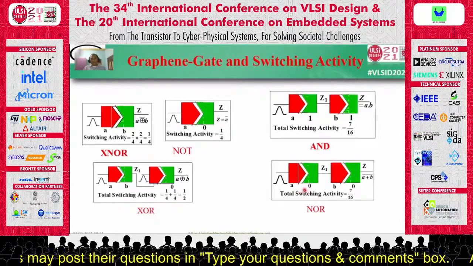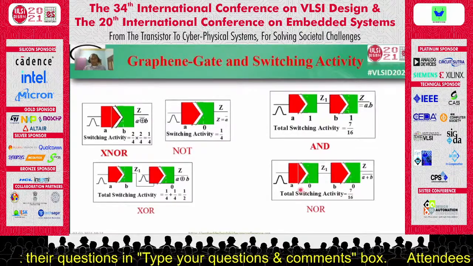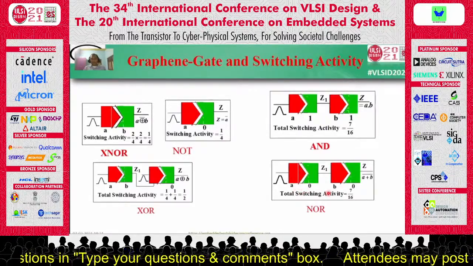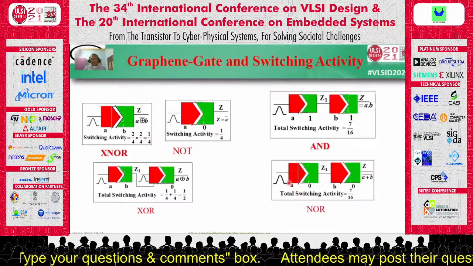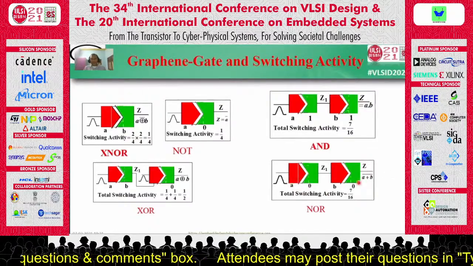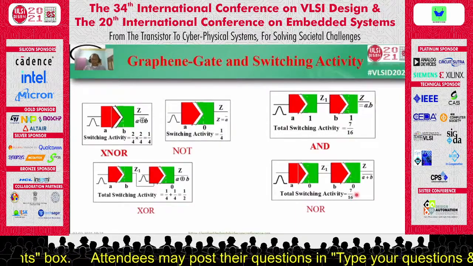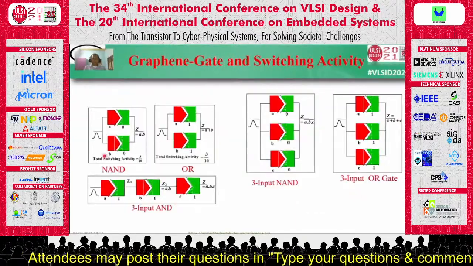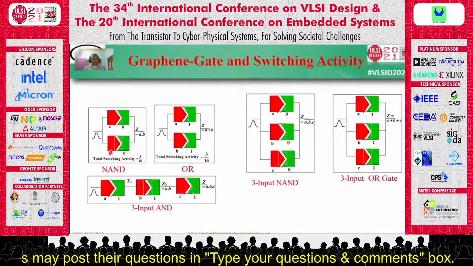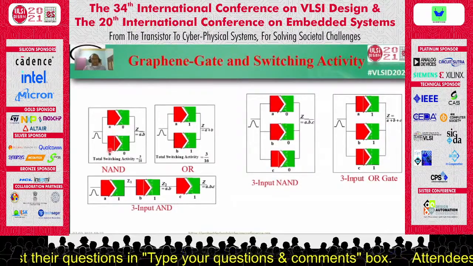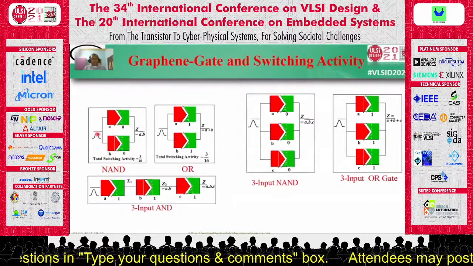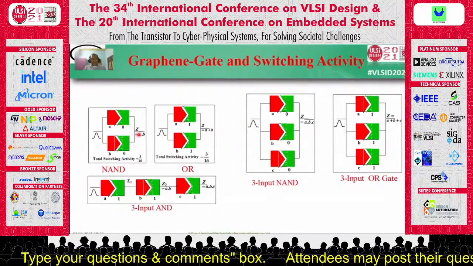This is the graphene NOR gate. In this case, if both the inputs are 0, then only the conduction path will be established from input to output. In the same way, the total switching activity here is 7 by 16. This is the graphene NAND gate. If either A or B is 0, then the conduction path will be established from input to output.